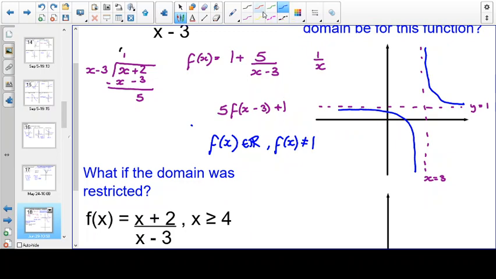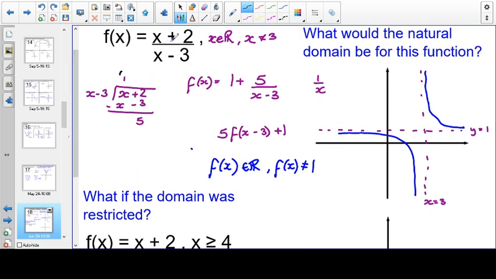So here, where x is greater than or equal to 4, well, when x is 4, this is 6 over 1, so it's just where x is 4, y is 6.